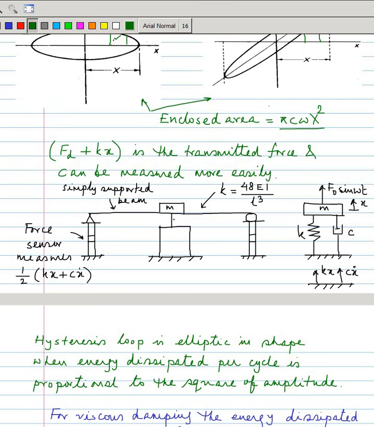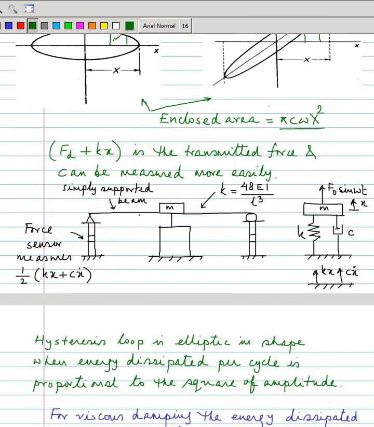This exciter applies a force at the midspan of the beam, where the mass is placed, which is a harmonic force of the form F naught sin omega t. Due to the dynamic displacement of the spring, there is some support force coming, and the support force is measured by these force sensors.